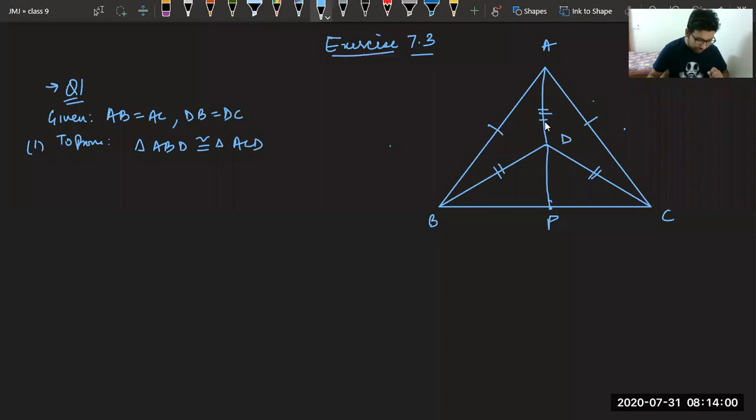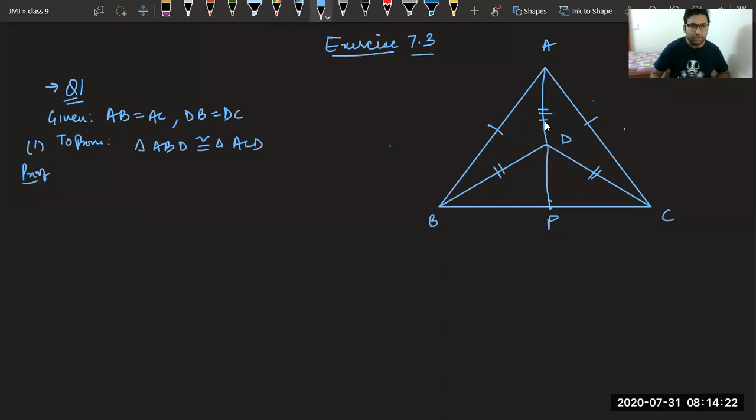So by which criteria? No beta, BD is not bisecting angle B. It is not given to you. Let me read again. Not bisecting. So by triple S criteria, let me write fast, the proof.